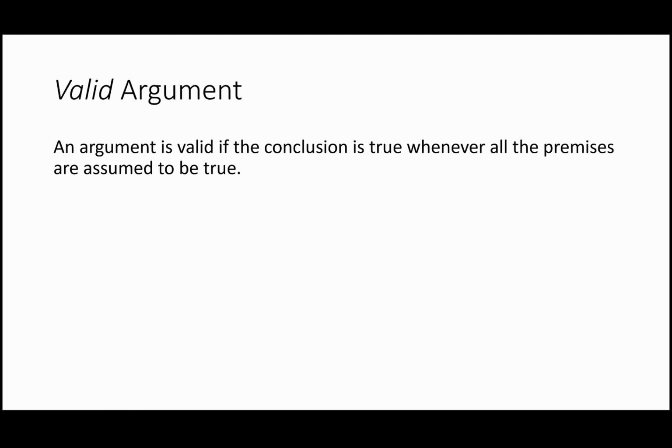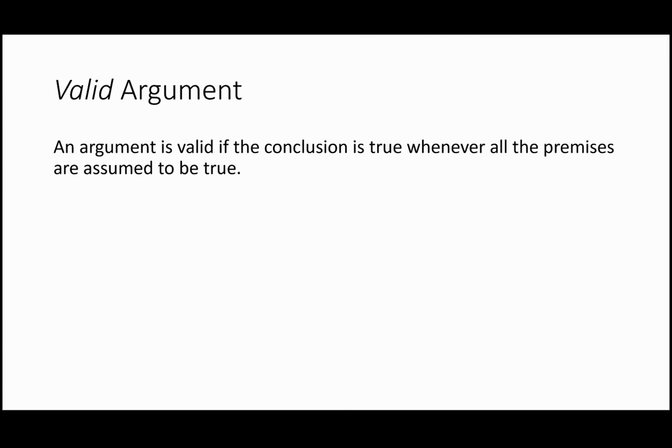Okay? Now, how do you know when an argument is valid? That's going to be a categorization that we're going to be getting into in this section: being able to definitively determine if an argument is valid or invalid. So a valid argument has the characteristic that its conclusion is true whenever all of the premises are assumed to be true.